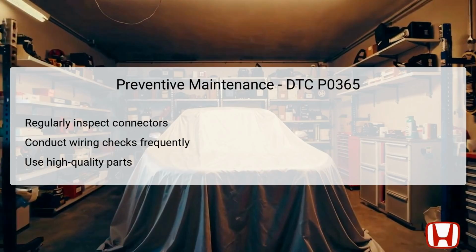Additionally, conducting periodic wiring checks allows for early detection of frays, corrosion, or other types of damage that could disrupt signal transmission. Using high-quality parts when replacing components, such as sensors or wiring, can also contribute to the longevity and reliability of the vehicle systems.